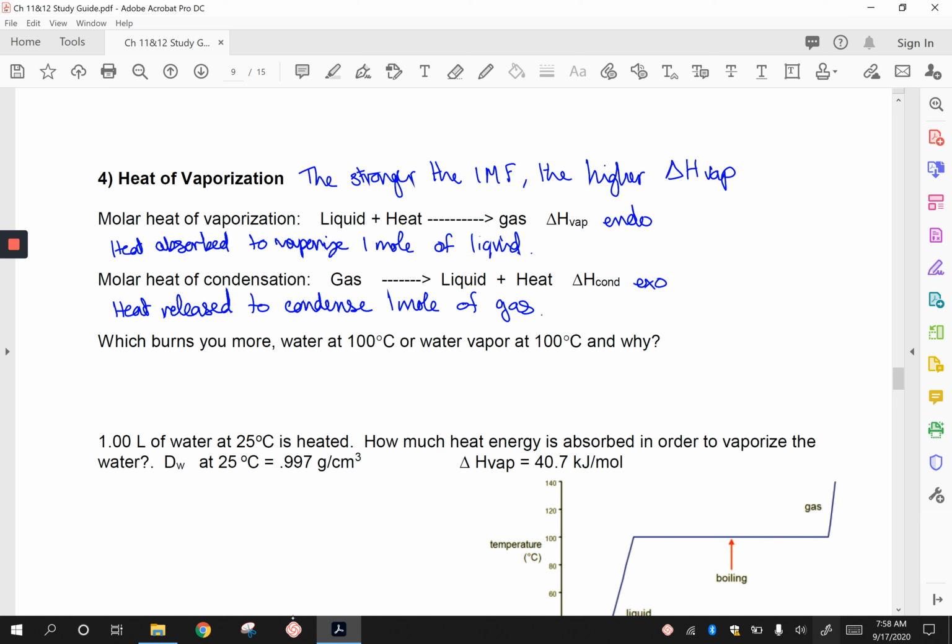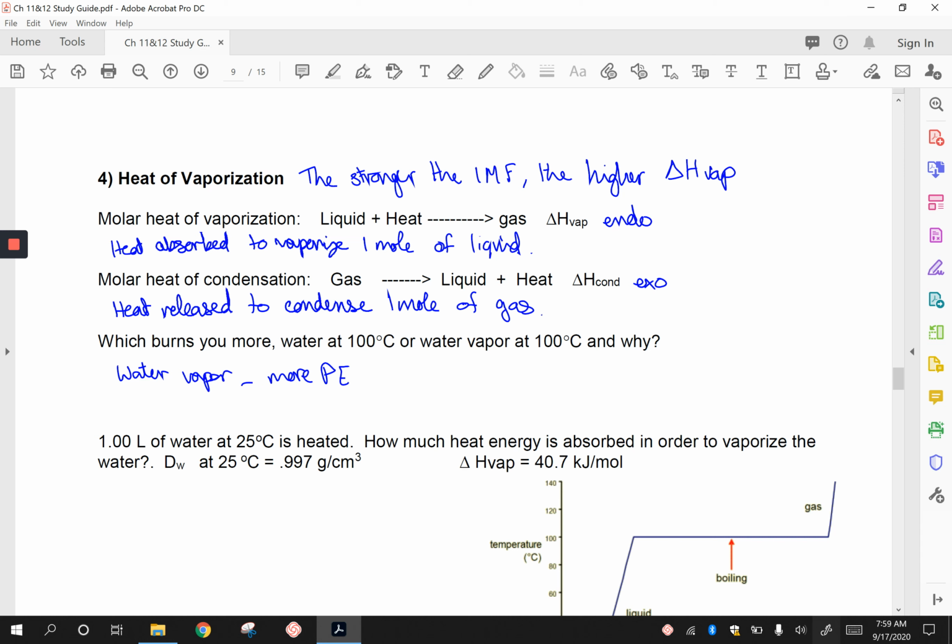So our classic question that we saw last year: which burns you more, water at 100 Celsius or water vapor at 100 Celsius, and why? So we know it's water vapor. And so what is the reason? Well, the reason is because it has more potential energy. And so both of them will burn you because of the difference between their temperature and your temperature.